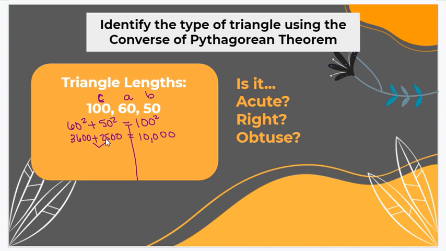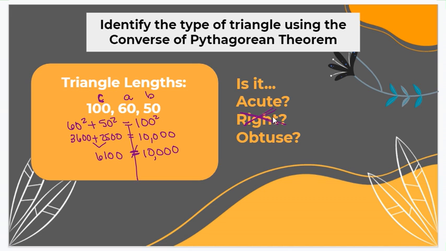So 3,600 plus 2,500 gives us 6,100, and is that equal to 10,000? No. So it is not a right triangle.